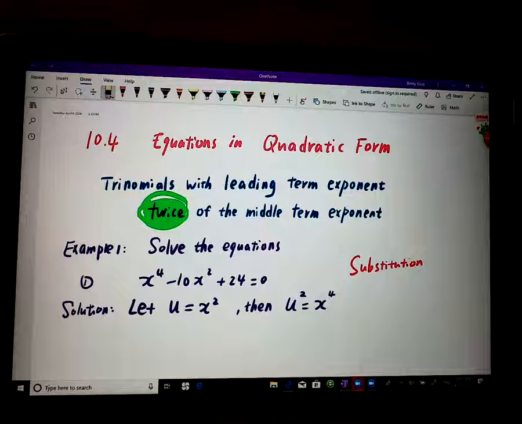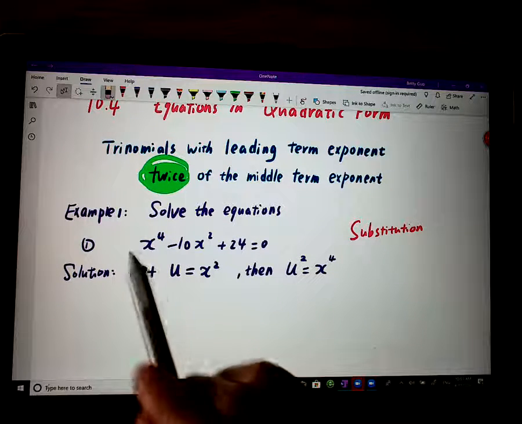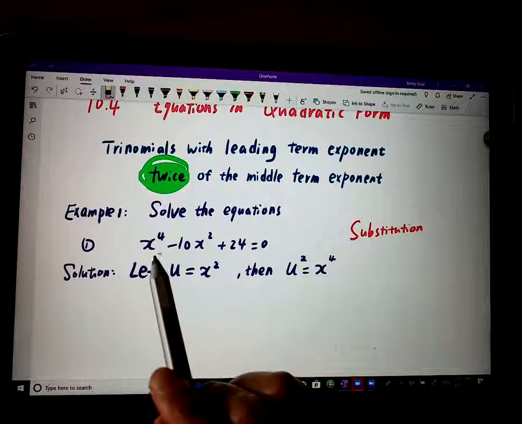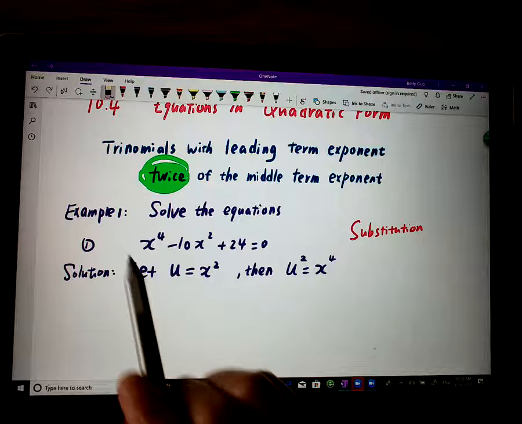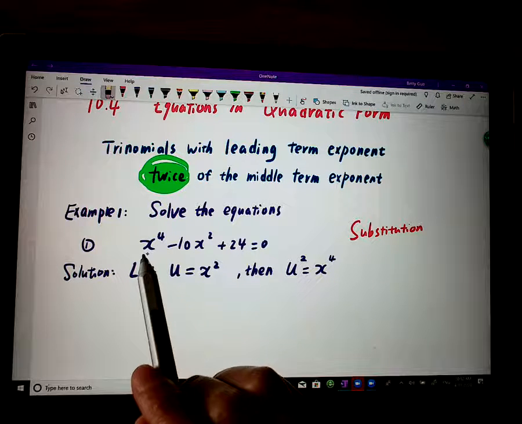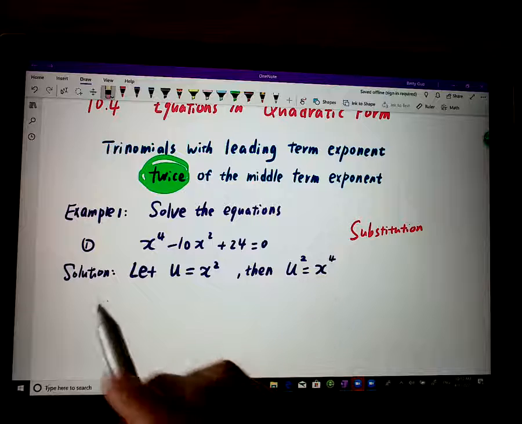Then I'm going to go ahead and write the equation. The original equation is in variable x. Now I'm going to rewrite the equation in variable u. So everything in x, we're going to rewrite in terms of u. Now we look at this equation. We see x to the power of 4 first, right? That is u squared.